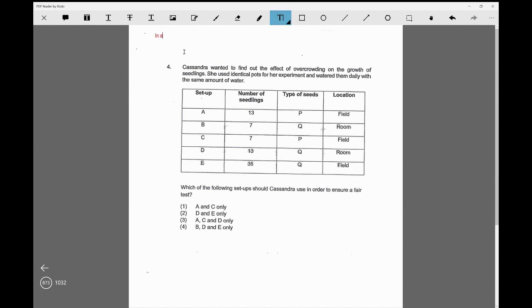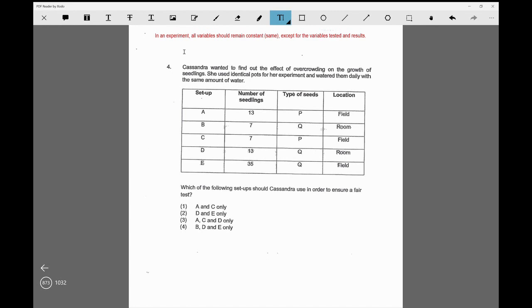In an experiment, all variables should be constant, meaning same, except for the variables tested and the results.